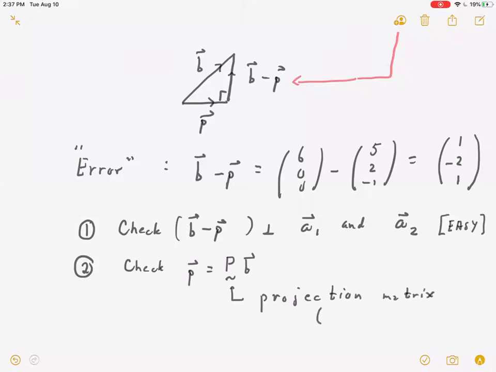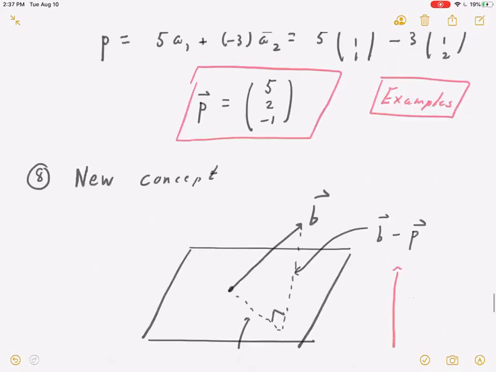And remember, the projection matrix is just a function of, if I can use that word, or it depends upon the vector A and the transpose of A. And so this is a little bit more work, but you should, in fact, check that.